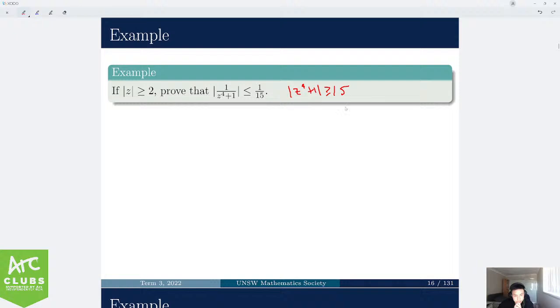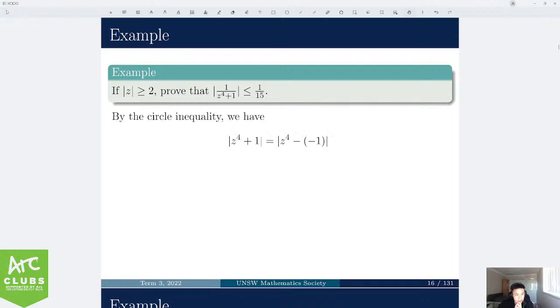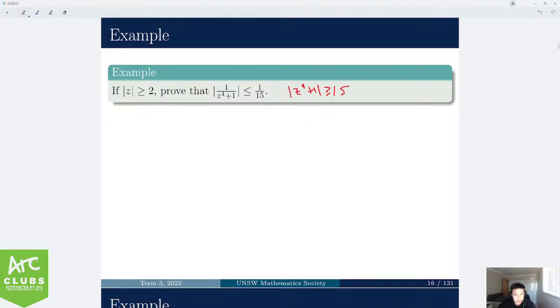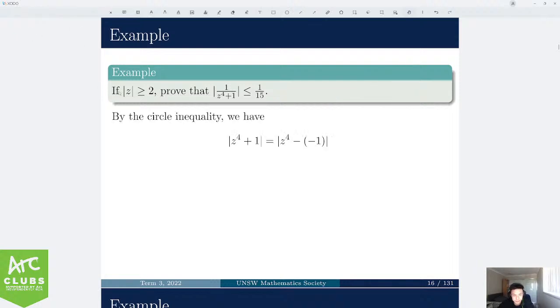And notice that since we have a bigger than or equal to over here, instead of using the triangle inequality, which gets you the less than or equal to, we want to use the circle inequality that gets you the bigger than or equal to.